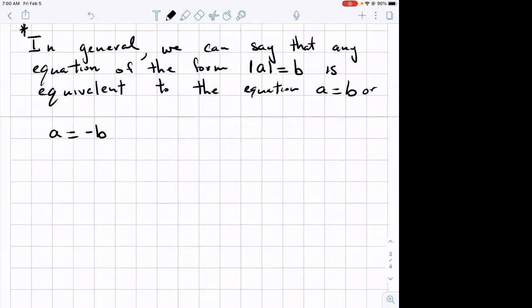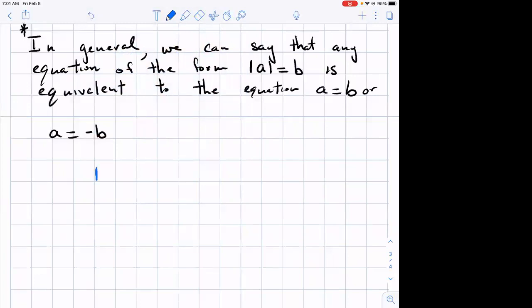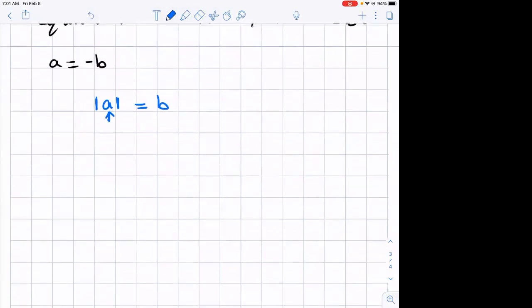What this is saying is, if you have an equation, the absolute value of A is equal to some number B, it means that A could be positive or negative.